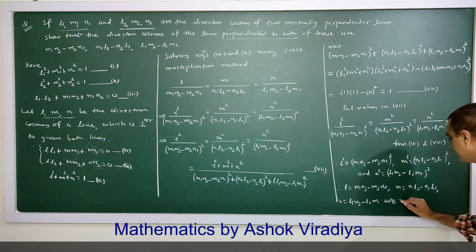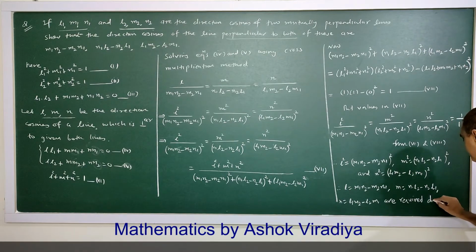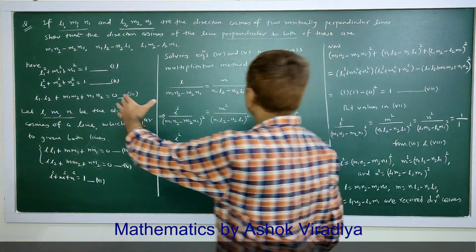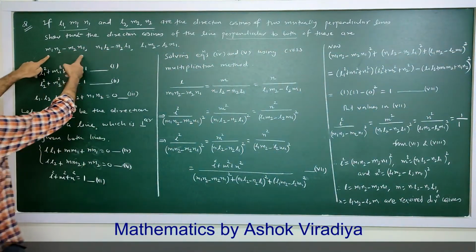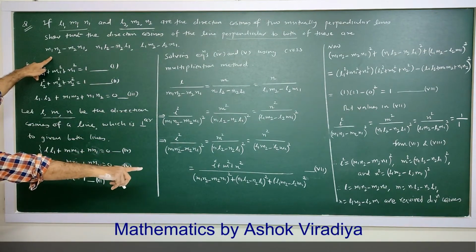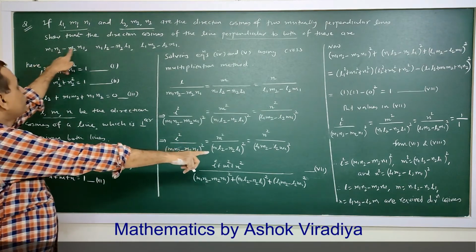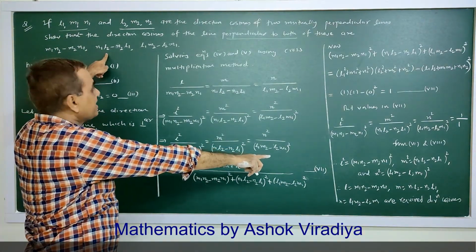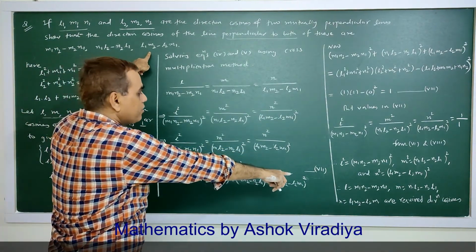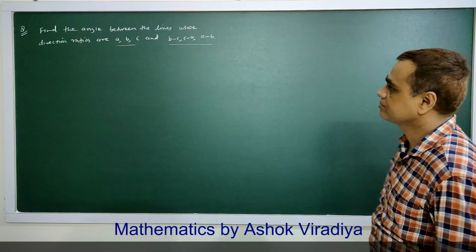So these are the required direction cosines, and that is proved. The same numbers are derived. So these are direction cosines: M1 N2 minus M2 N1, N1 L2 minus N2 L1, L1 M2 minus L2 M1.